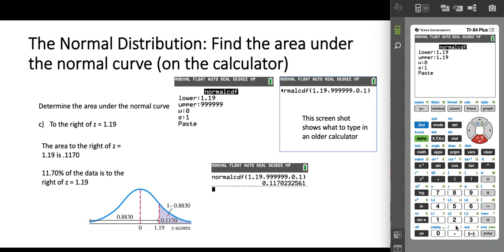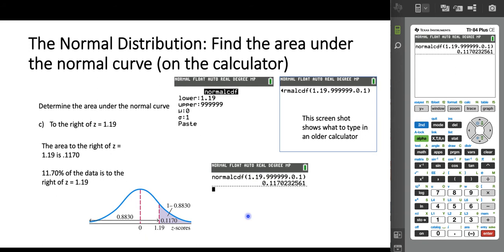So we'll put a value like 99,999. I actually put an extra 9 there. But anyway, we want a value that's really, really big. Plug that in. Press enter. Once again, if you have an older calculator, you type those numbers in and you'll get the same area of 0.1170. That means 11.7% of the data is in this shaded region, which is above 1.19.